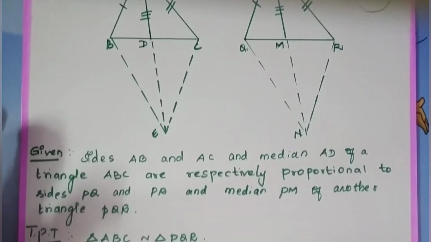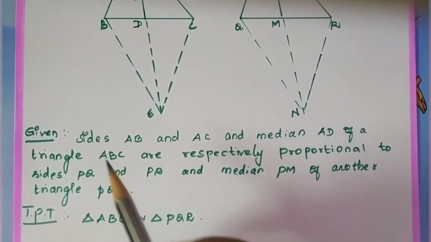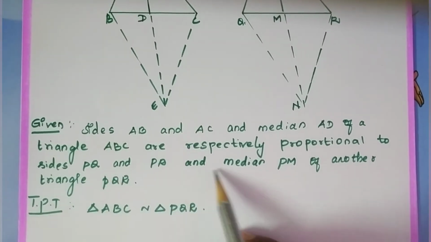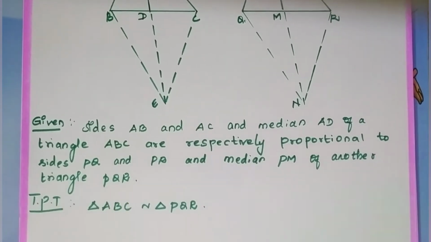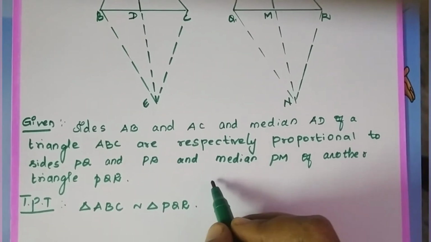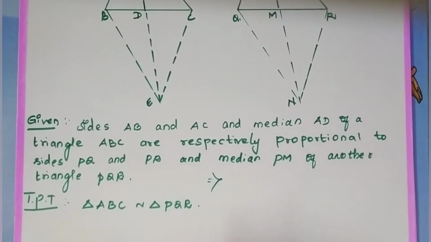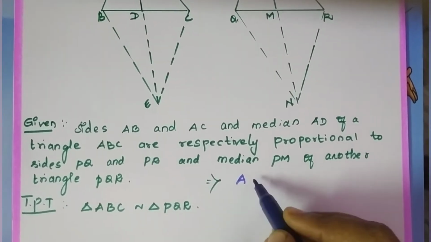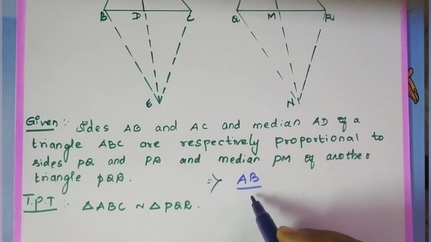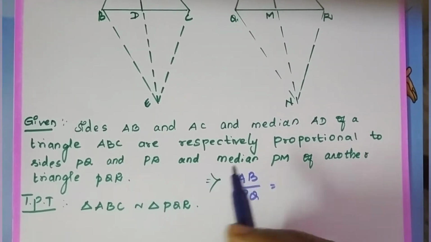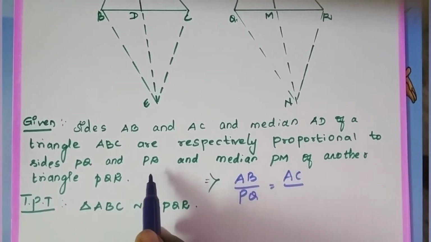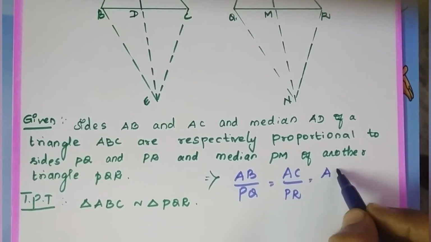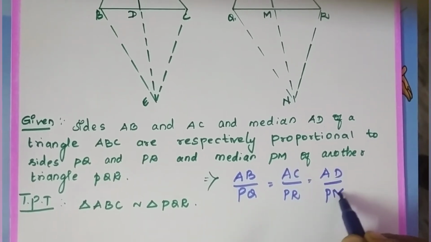And then write given. Sides AB and AC and the median are proportional to PQ, PR and the median PM of another triangle PQR. So what does it mean? AB divided by PQ, next AC divided by PR, and then AD divided by PM.